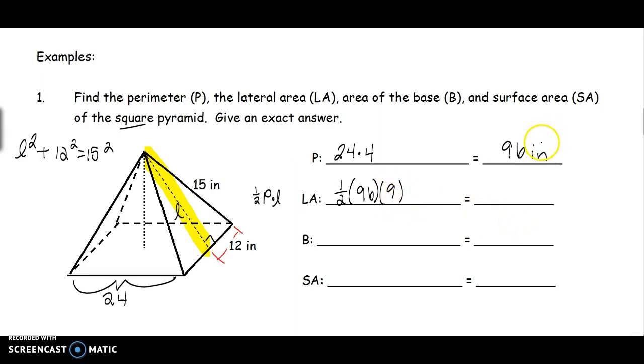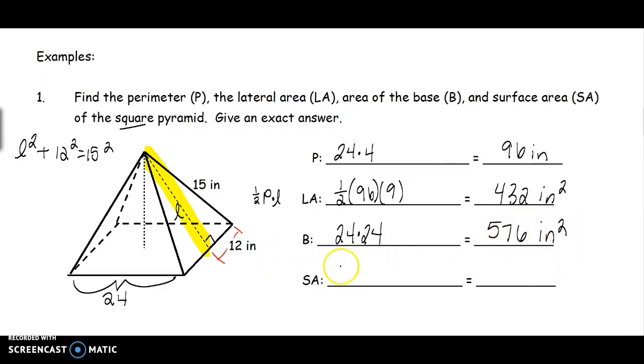So when you multiply 1/2 times 96 times 9, you're going to get 432 inches squared. The area of our base then is length times width, and that gives us 576 inches squared.